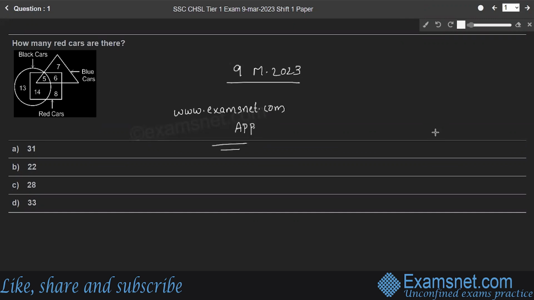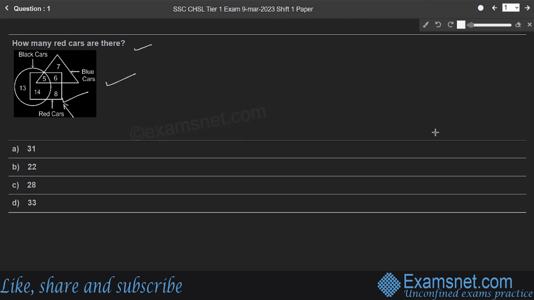Let's begin with question number 1. Question 1. How many red cars are there? So in the given figure, how many red cars are there? Here the numbers in the square portion indicate red cars. Number 8 represents only red cars, whereas 14 represents red cars as well as black cars, right?